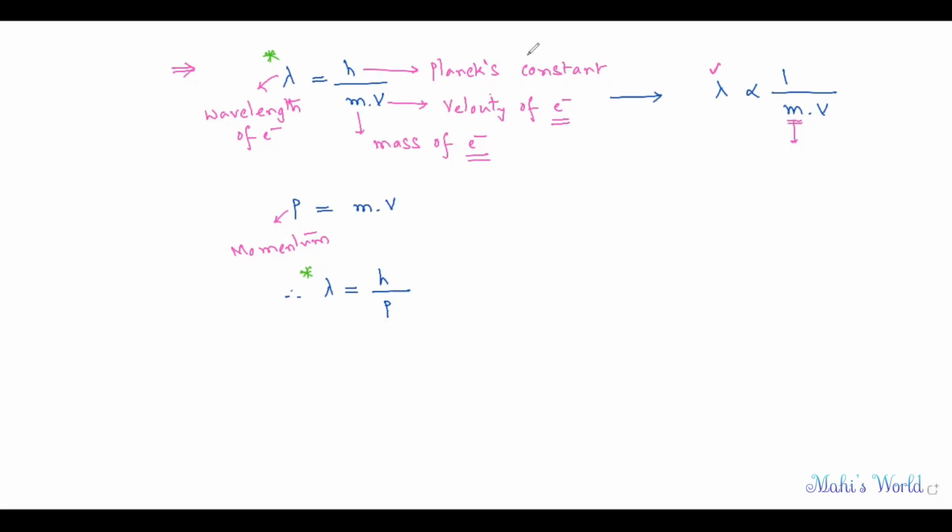So it is in fact applicable to those particles with a lesser mass. Lesser the mass, greater is the wavelength. So it can be calculated. If suppose mass is very high, lambda will be very, very less, so that we cannot calculate it. So it is applicable to particles with the lesser mass.